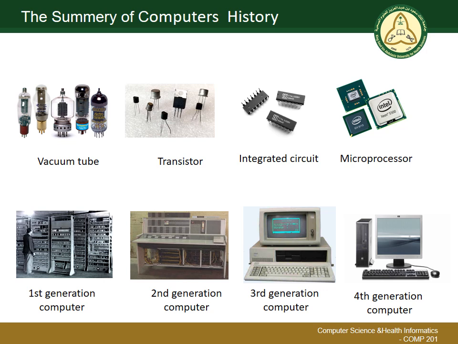It was occupying a very large room. And look at the scientist who was dealing with that computer. He was standing to deal with the computer. Then we moved to another computer in another generation. Look how big, still it was big, in the second generation. Then we moved to a smaller size for the third generation, and in the fourth generation we have this type of computer that we have nowadays.